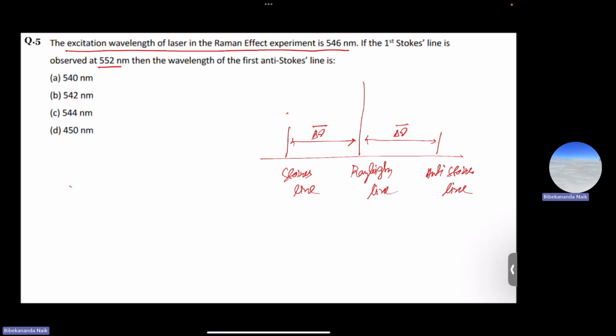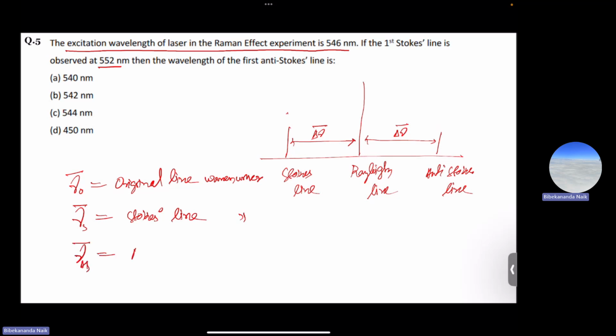suppose nu 0 bar is the original line wave number, then nu s bar will be Stokes line wave number, nu as bar will be anti-Stokes line wave number.